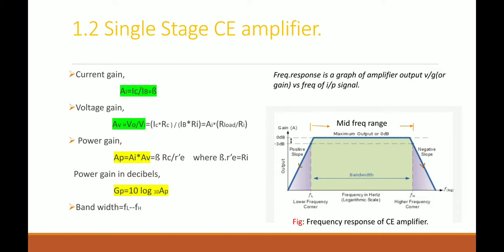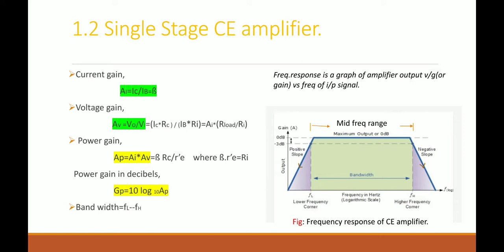What is this r'e? This is the AC equivalent emitter diode resistance, where beta times r'e is equal to Ri. And power gain, if we had to convert it into decibels, then it is 10 times log base 10 of AP.